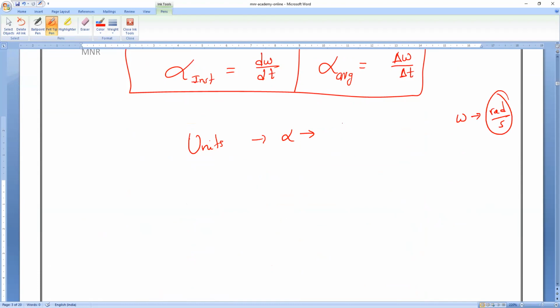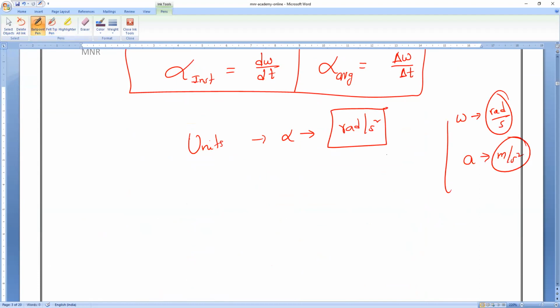So angular acceleration is radians per second squared, because normal acceleration has units of meter per second squared. Is it a vector or scalar quantity? Acceleration is a vector, so angular acceleration is also a vector quantity.